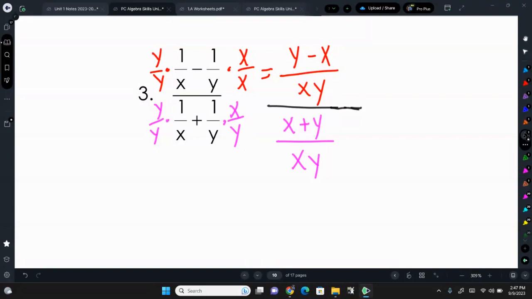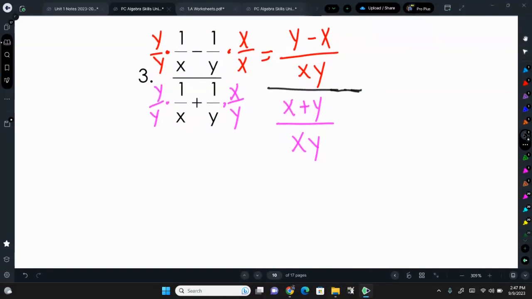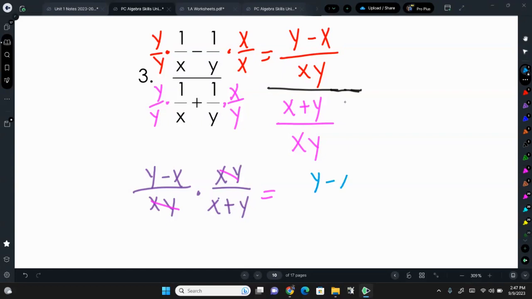Now, a shortcut from here is you could say, well, the denominators of both of these fractions within the fraction are just xy, so can we just cancel them out? Yes, you're going to see that those will cancel out when we multiply by the reciprocal. So we're going to have y minus x over xy times the second fraction flipped, and yes, you can see that the xy's cancel, and that's going to give us y minus x over x plus y.